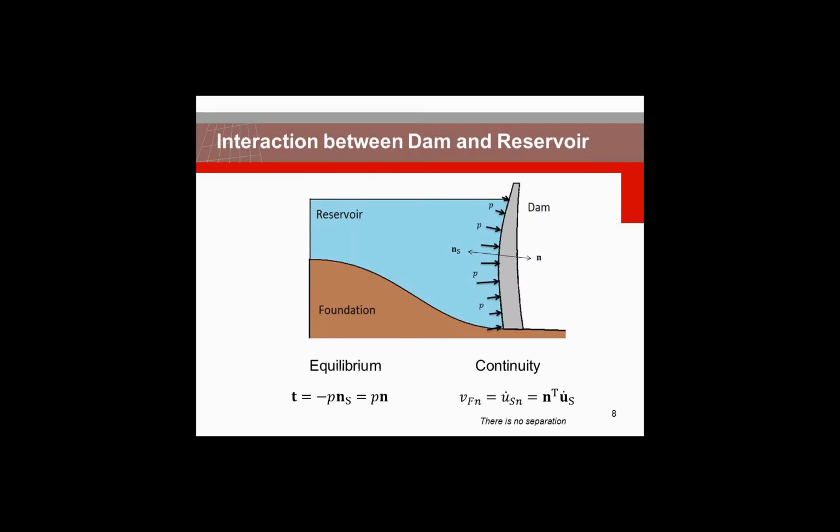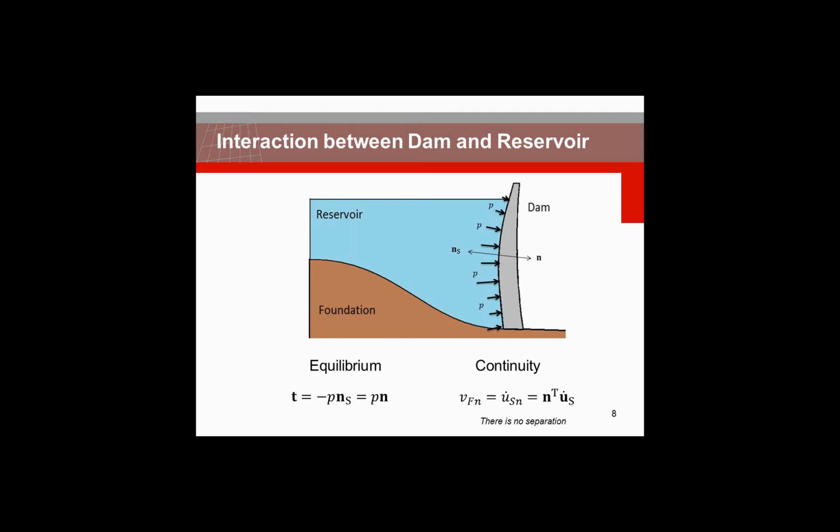Now, in both of the previous cases, I have explained the boundaries except the right side boundary, because this is the most important boundary. This is the one that makes the connection with the dam. So this right boundary has to be explained in more detail.